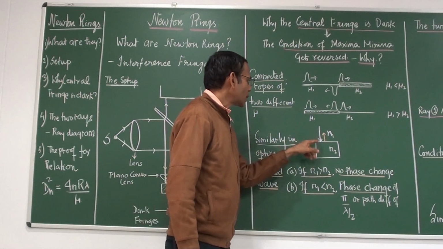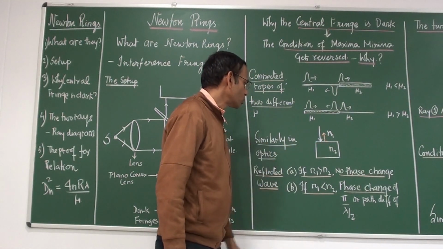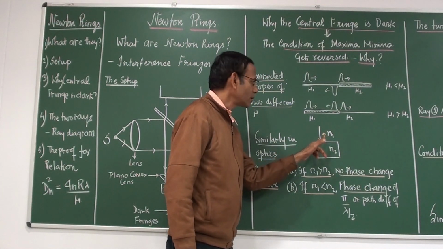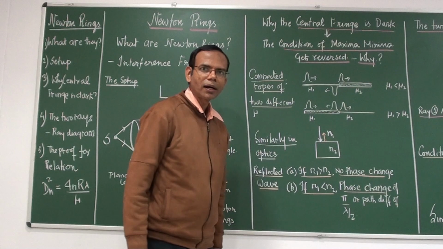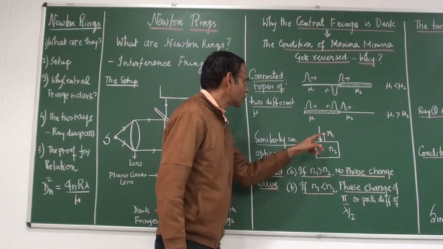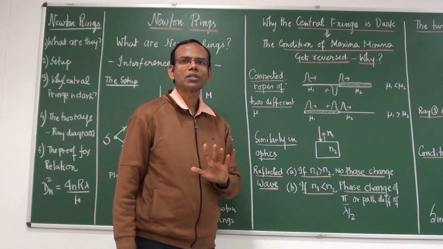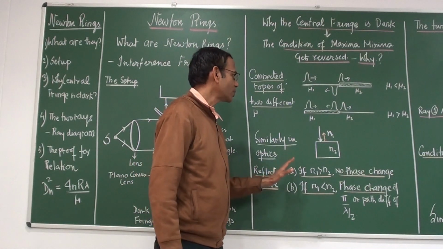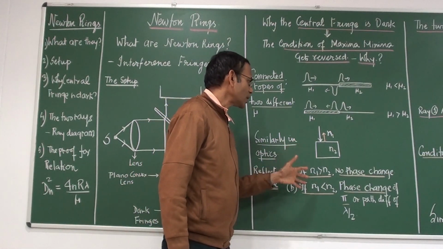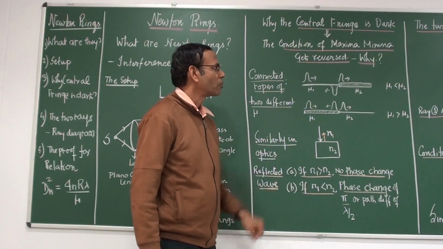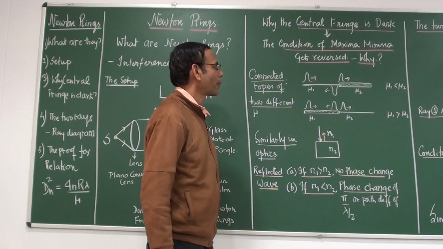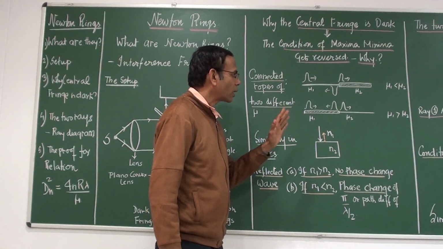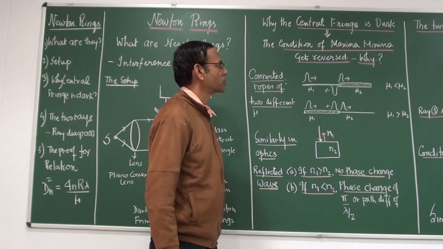But if N1 is less than N2, then the reflected ray will undergo a phase change of pi, or a path difference of lambda by 2. This is a very important phenomenon, and because of that the condition of maxima and minima gets reversed. Now we will see in detail the diagram and also how we get that condition.